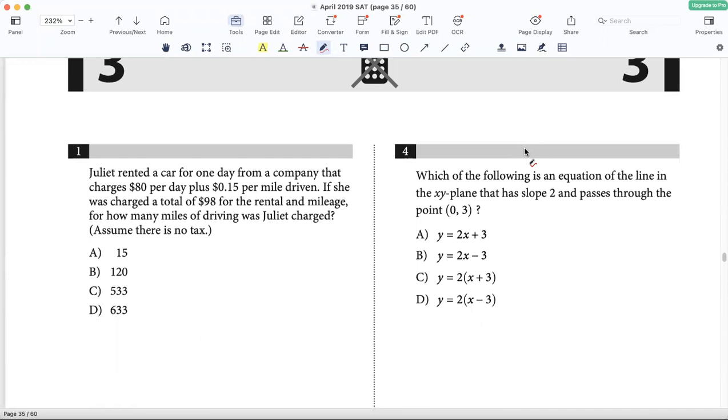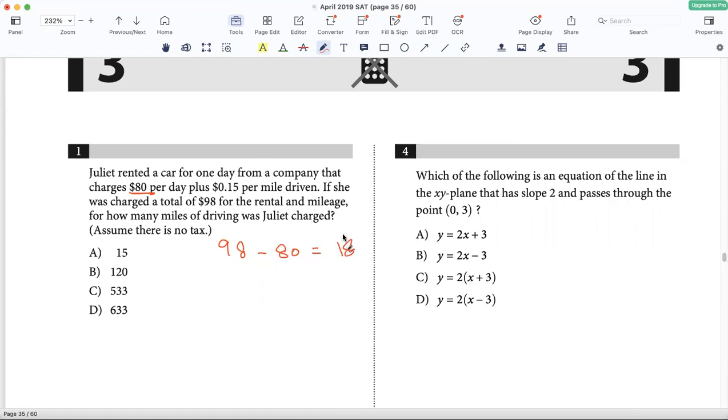Question 1. Juliet rented a car for 1 day from a company that charges $80 per day plus $0.15 per mile driven. If she was charged a total of $98 for the rental and mileage, for how many miles of driving was Juliet charged? So $80 per day is the fixed cost. So let's subtract that from 98.